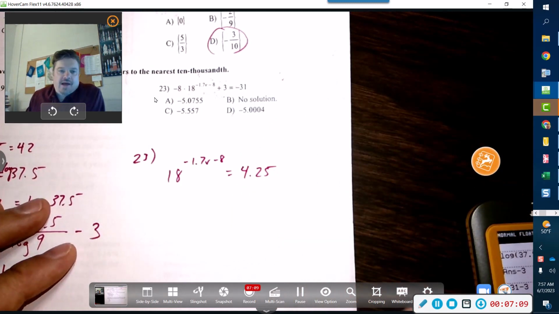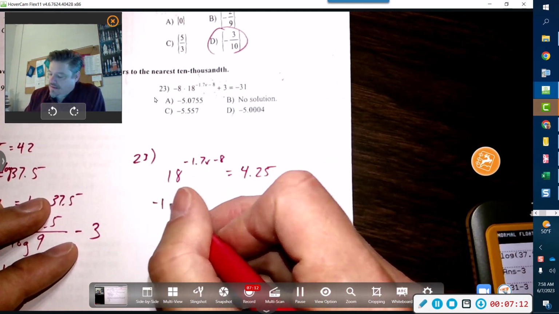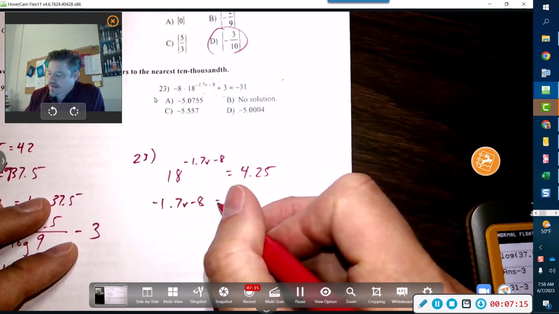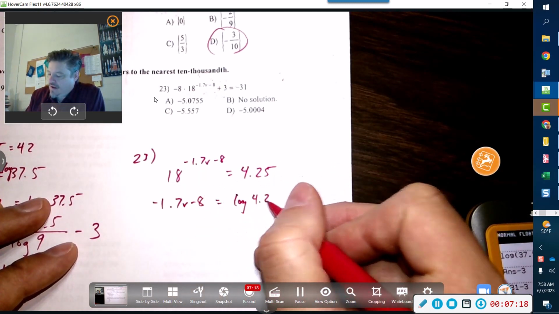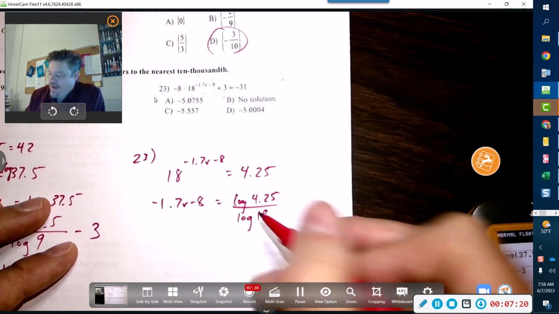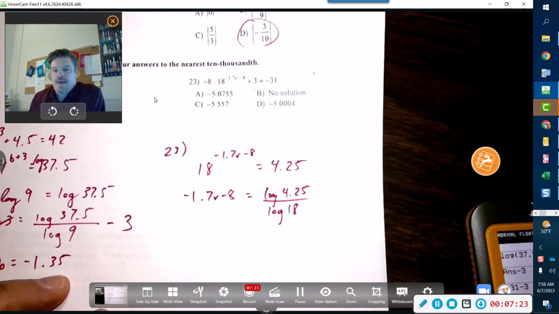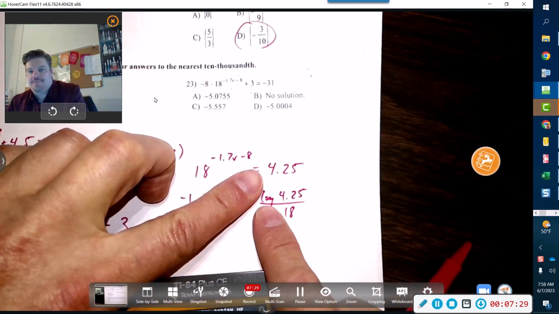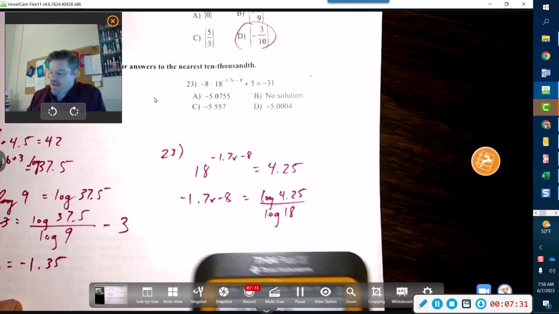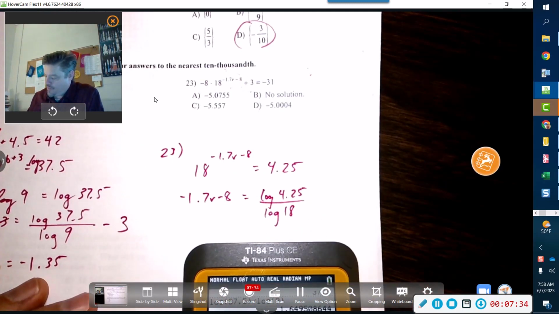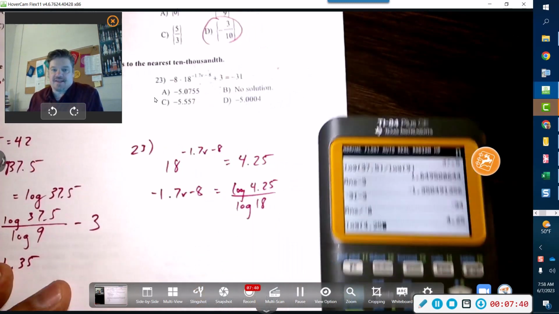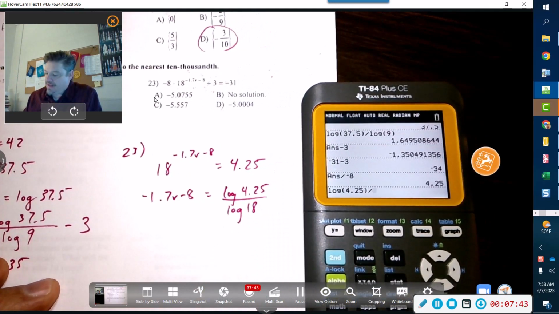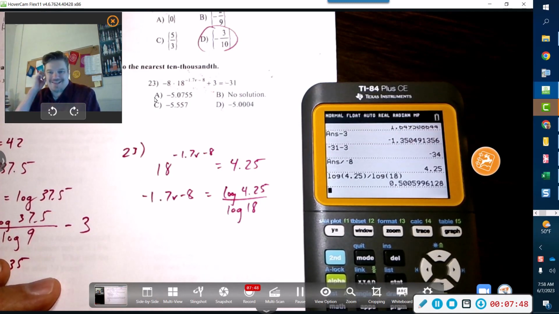Now I'm going to take the log, and so this guy would look like this. I'm basically doing 2 steps in one. Now, in your calculator, don't do the log of these two divided by each other. It's the log of this guy divided by the log of that guy. So log of 4.25 divided by the log of 18 equals basically a half.